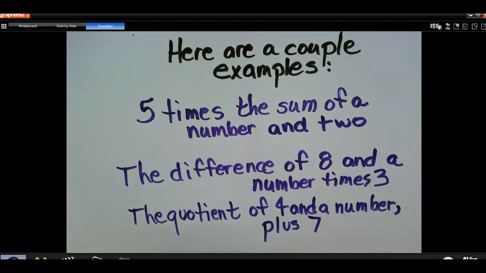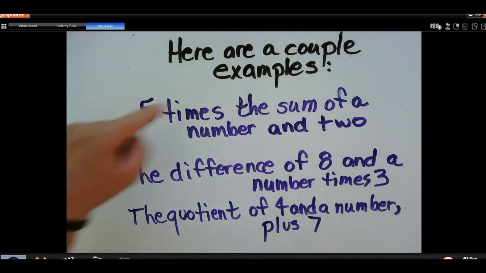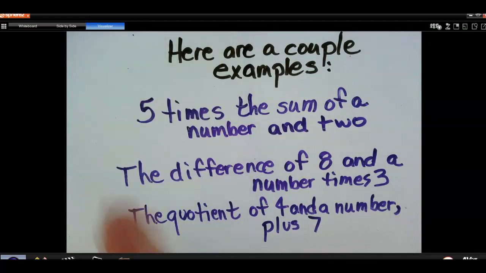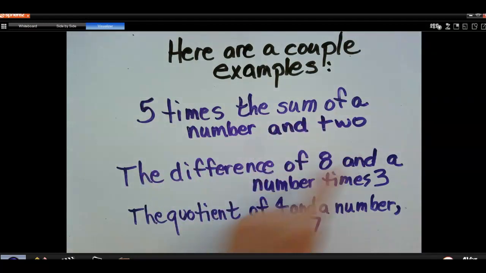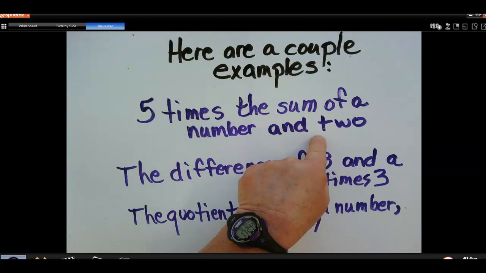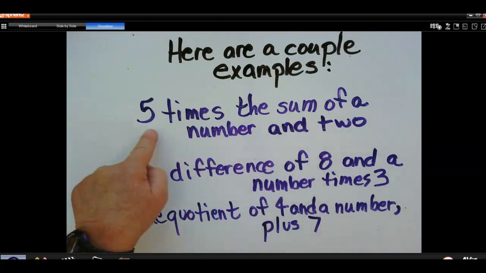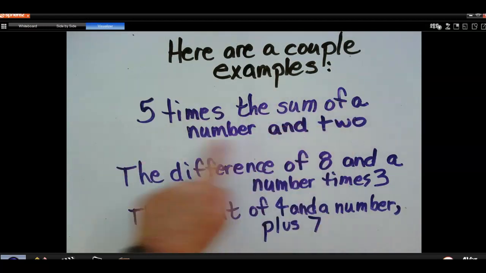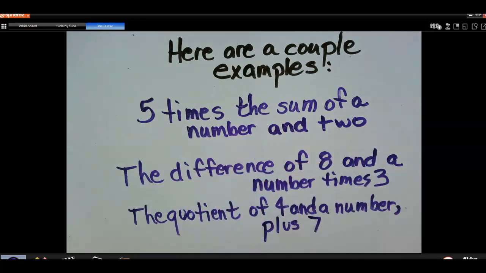So here we have 5 times the sum of a number and 2. So this is 5 times all of this stuff. Okay, so that's going to look like this.